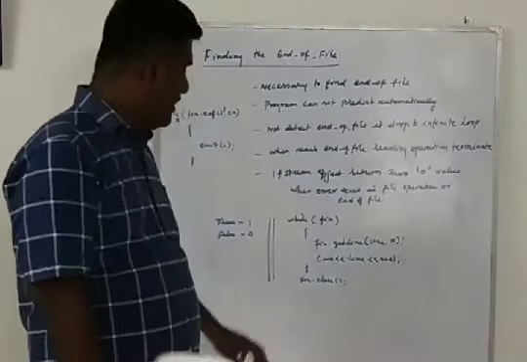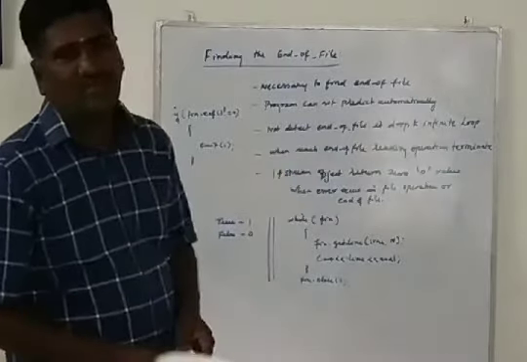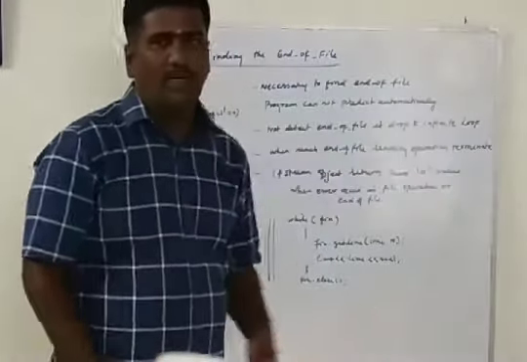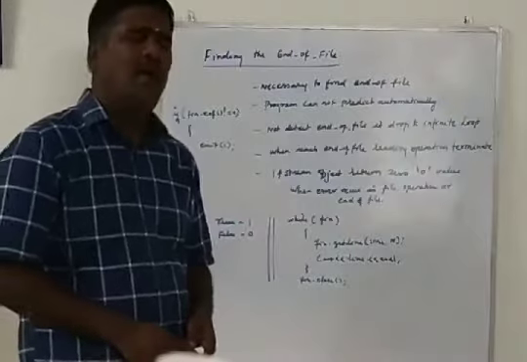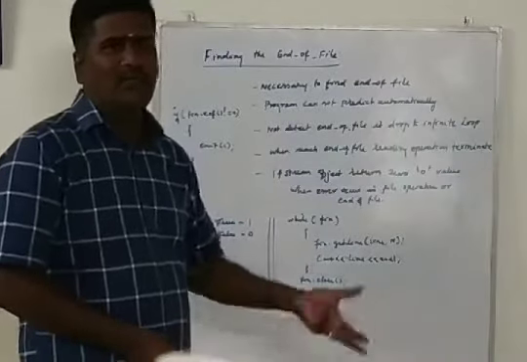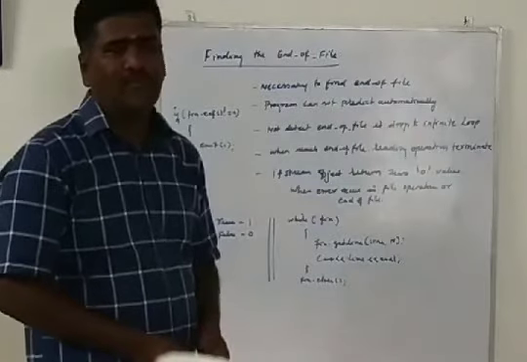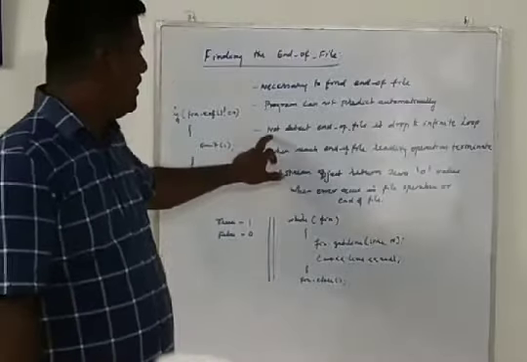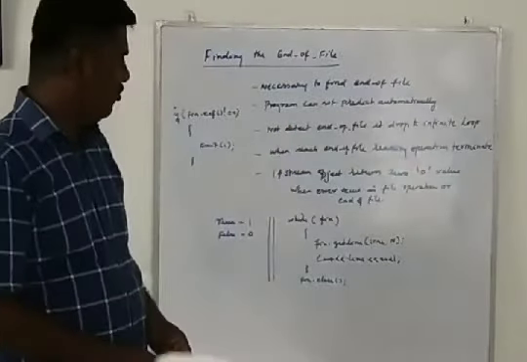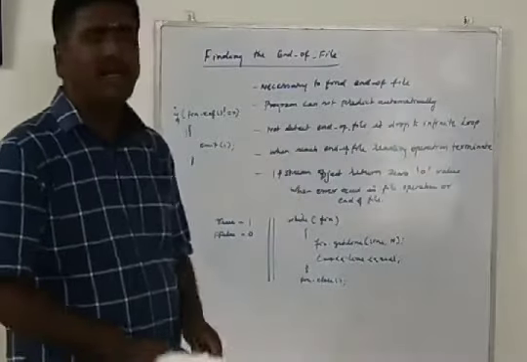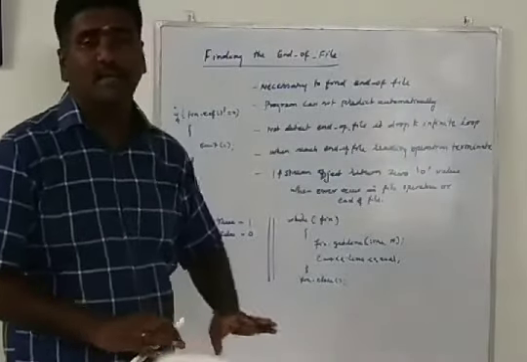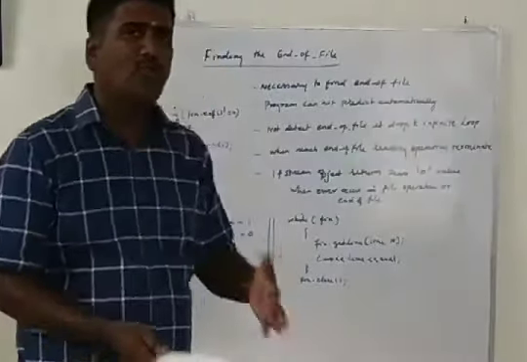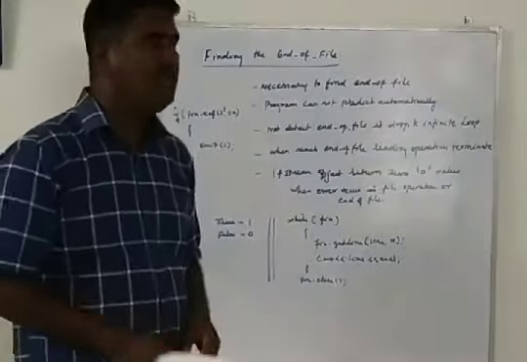If the program does not detect the end of file, it falls into an infinite loop, or the program produces an error. When it reaches the end of file, the reading operation is terminated because no other content is available inside the file.